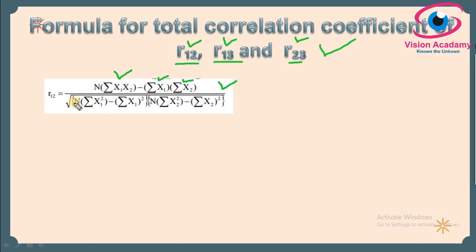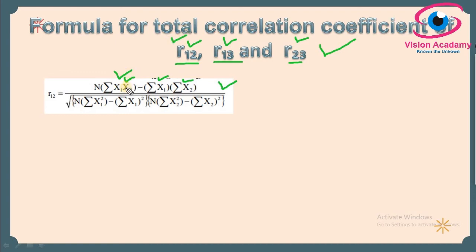Okay, so for x1 and x2 we use this formula. In the denominator, within the bracket, n summation x1 square minus summation x1 whole square, bracket close, and again bracket open, n summation x2 square minus summation x2 whole square. Here also very easy. n is common, and we multiply x1 and x2 for summation x1 x2, because we have to calculate the total correlation of R12.